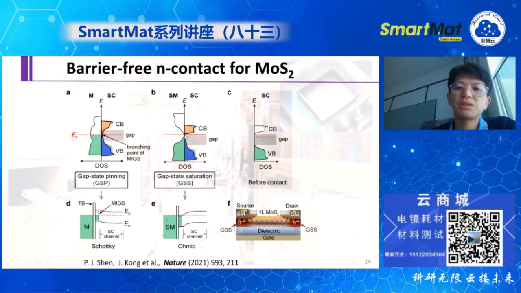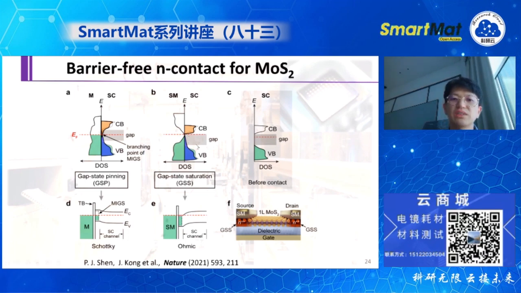This is due to the bismuth Fermi energy being very close to the conduction band of the MoS2, and also the density of states is very unique. Therefore, the Fermi level just pins right at the conduction band edge of MoS2, which ends up with a very low, nearly free Schottky barrier height. That's the main reason why you can see very good contact resistance for such a metal.